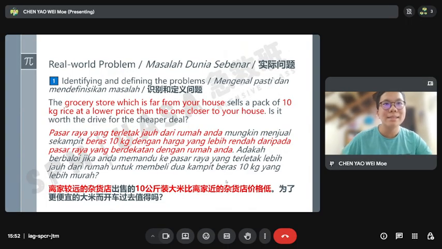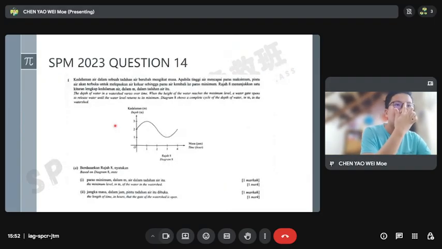So you can see SPM 2023 brought out a question like this. This chapter is actually from Form 5 to Form 6, but it extends from Form 5 to Form 8.